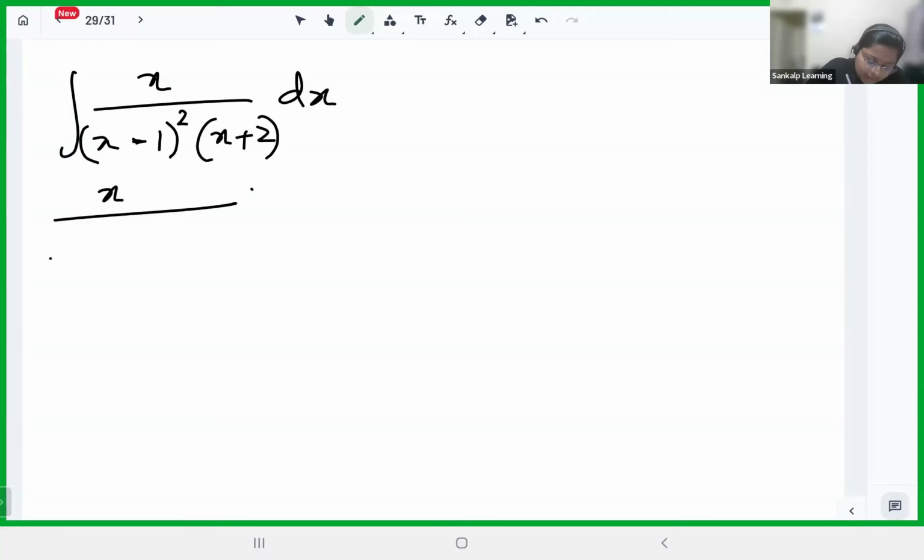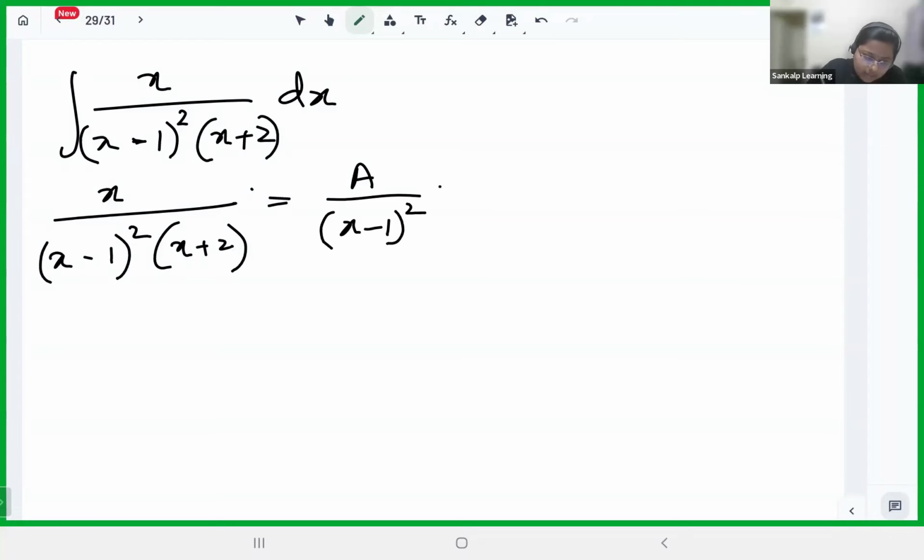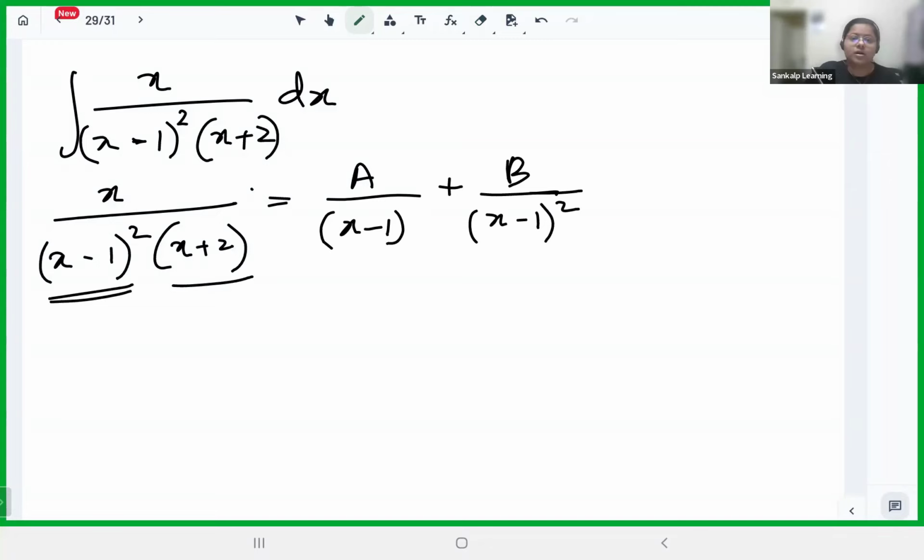So this is x by (x minus 1) the whole square into (x plus 2) is equal to a by (x minus 1) plus b by (x minus 1) the whole square. This is how you have to make this type of function into partial fraction, right?